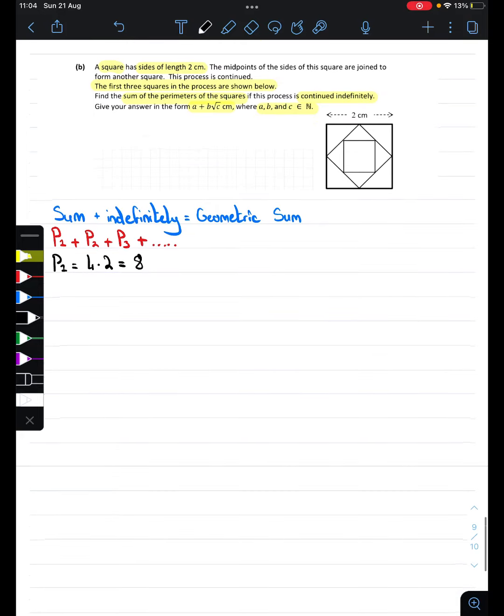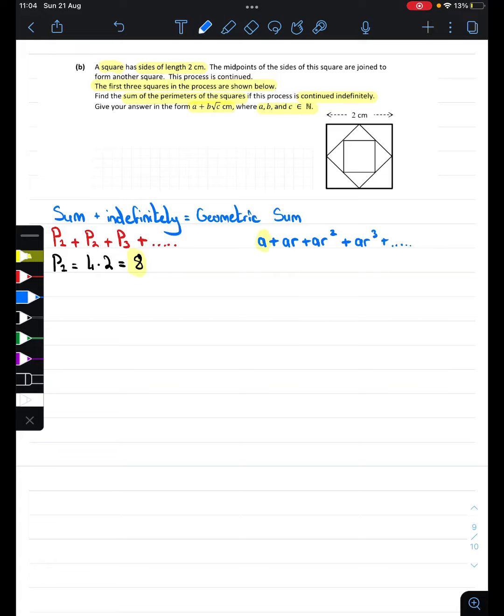And, well, what is P2? Now, we're looking for a geometric sequence, so something of the form a plus ar plus ar squared plus ar cubed plus and so on and so forth. So we're looking for a starting term, which we have just found, a.